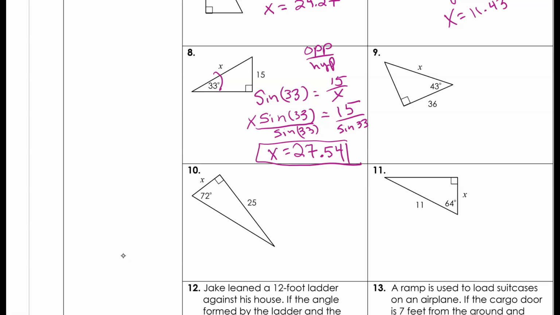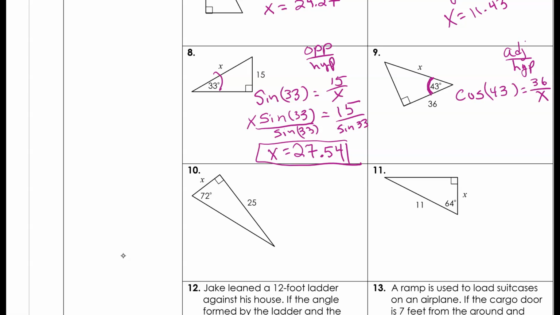Number 9, we're looking for x. This time x is the hypotenuse, but I'm given the adjacent side. So adjacent over hypotenuse, that's what I'm given. Well, that's the cosine function. So the cosine of 43 degrees is equal to adjacent 36 over x.